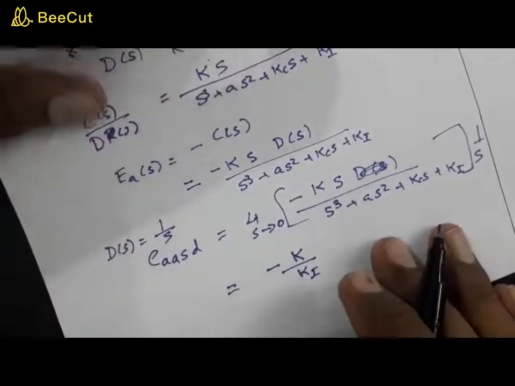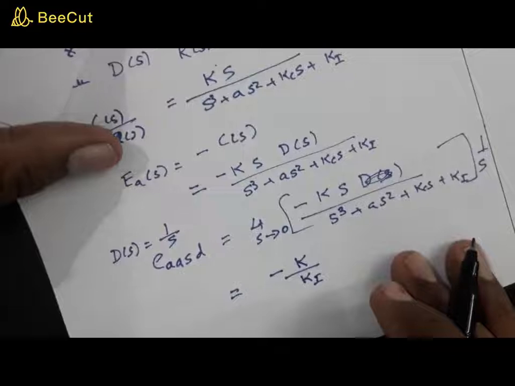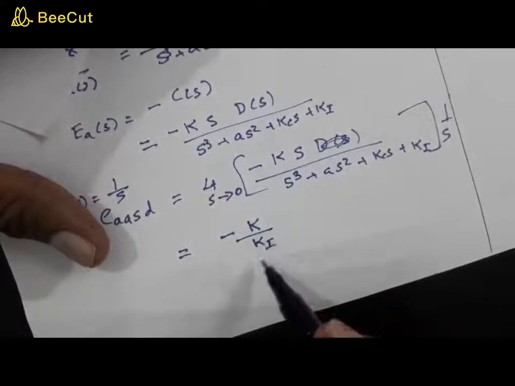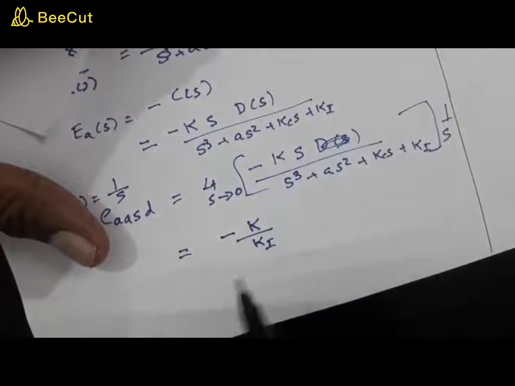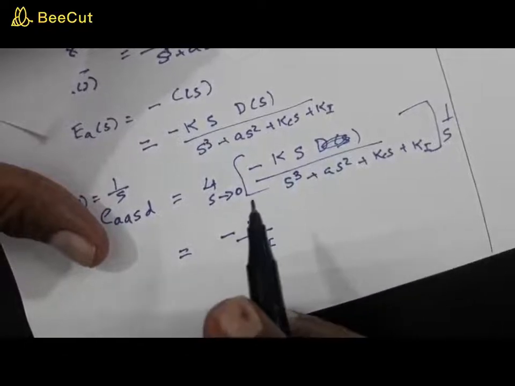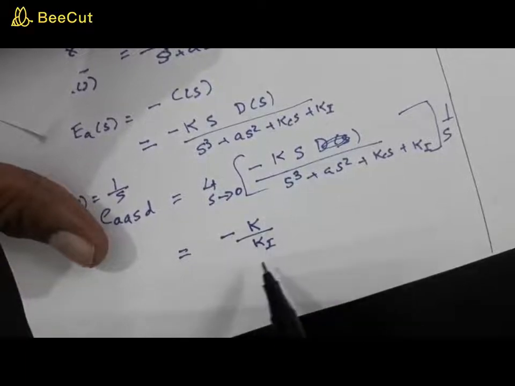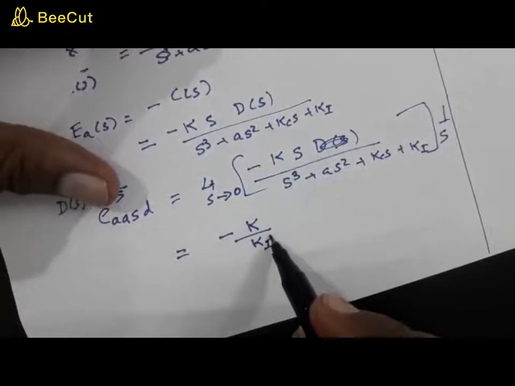So this is minus K by Ki, right? So here also, as we have seen, the steady state error can be improved by the value of Ki. So due to the disturbance also, the steady state error can be minimized by using suitable values of Ki.